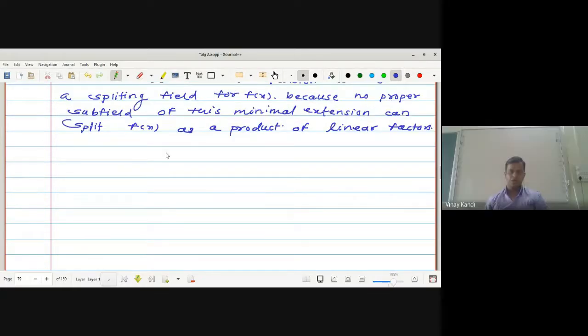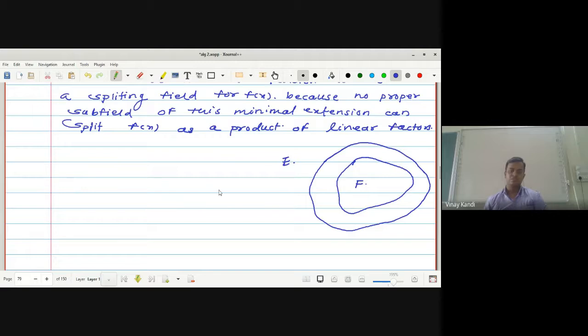No, sir. Okay, suppose this one is F and this one is the finite extension E. Here E is equal to F of alpha 1, alpha 2 up to alpha n, the adjunction of alpha 1, alpha 2 up to alpha n, which are the roots of this polynomial f of x belonging to F[x]. So we get the finite extension E of the field F, and we can write this f of x in the form of a product of linear factors.